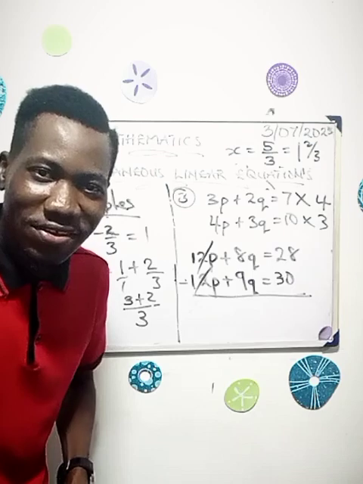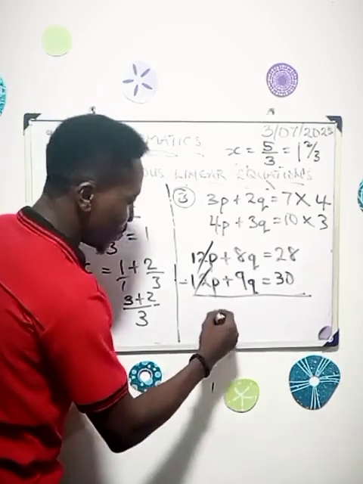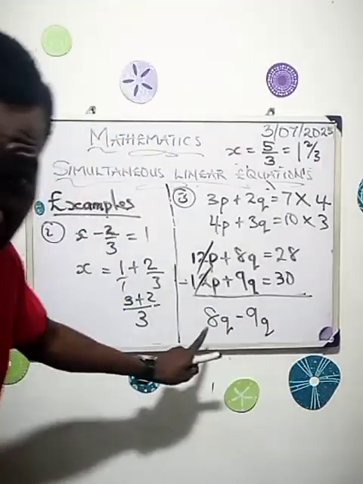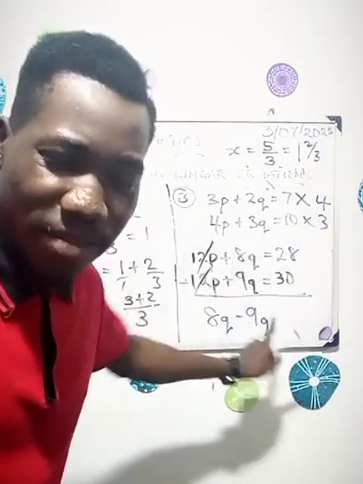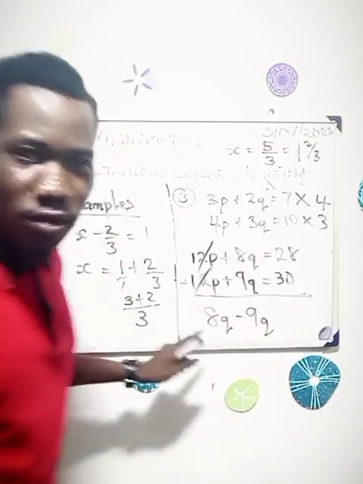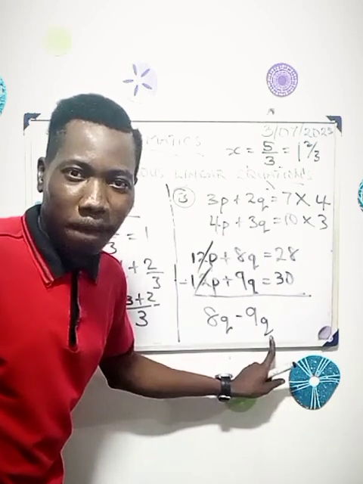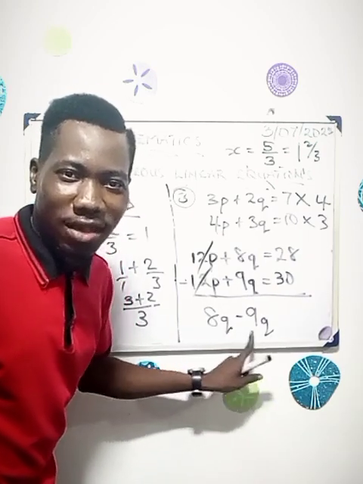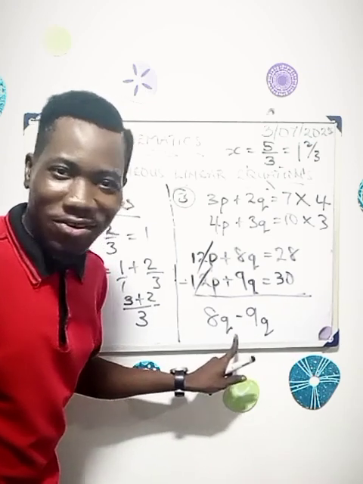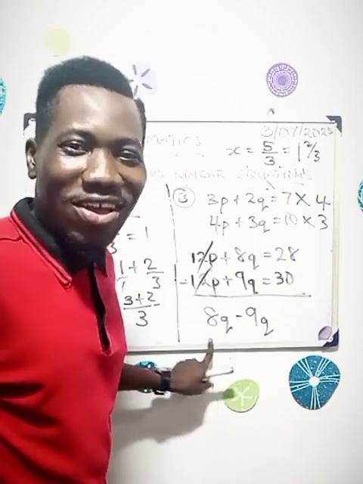Let me write it out. 8q minus 9q is like asking 8 minus 9, then you add your q.